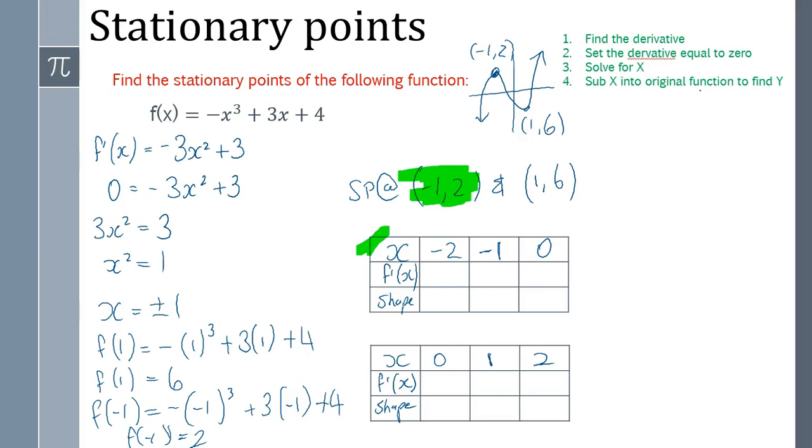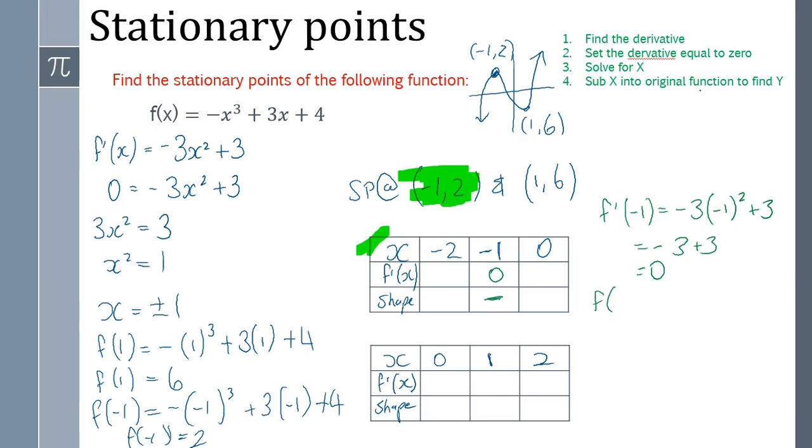So I'm going to plug these into f dash x. f dash x of -1, and I'm first of all going to check that this equals 0, and if it doesn't, I'm going to go back and redo this problem. So -1 squared is 1, -3 times 1 is -3, plus 3 is 0. Good. So this one is flat.